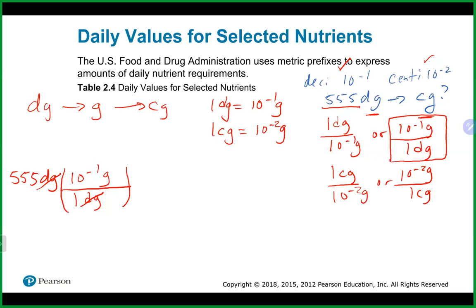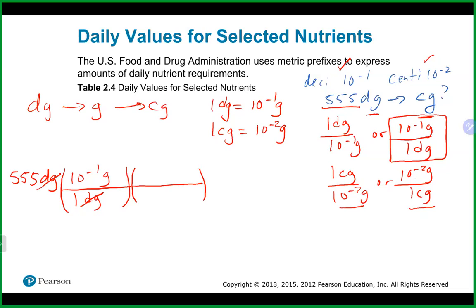And if I stop the calculation at this point, I would be in units of grams, right? And again, that is close to what I want, but I do want to take it now to centigrams. So by setting it up like this, we could clearly see grams are up on top, which means to get rid of grams properly, should I use the conversion factor on the left or the one on the right?